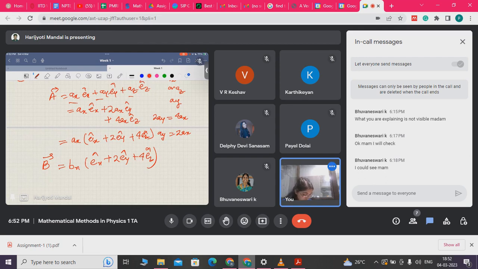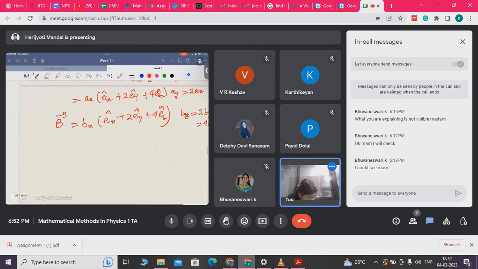Always remember, here conditions are given as a component of A, but it's not in general for any vector. The components condition is given for any vector in the vector space. For B, it will be bz is equal to 2by is equal to 4bx.